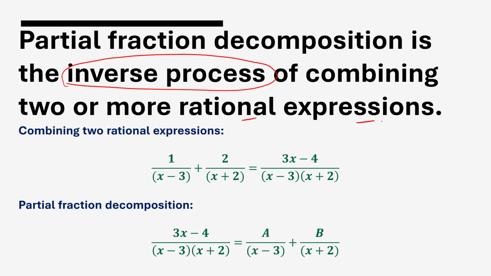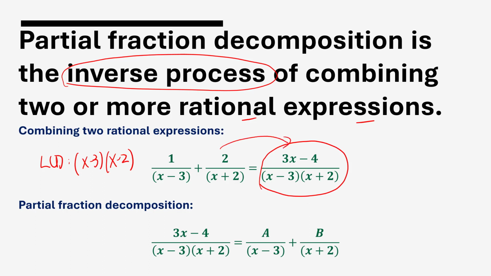For example, let's say we have 1 over x minus 3 plus 2 over x plus 2. Using algebra, we'll be able to get to a single rational expression, 3x minus 4 over x minus 3 times x plus 2. By using the LCD and combining both rational expressions, I get the single rational expression.